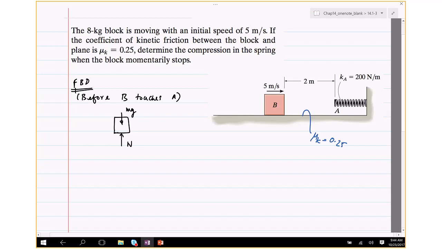And friction always opposes motion. So the friction force is going to be to the left.